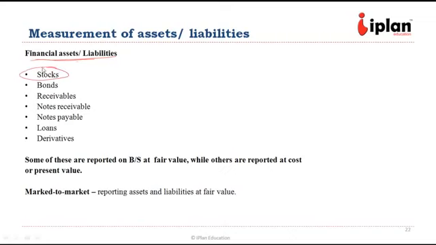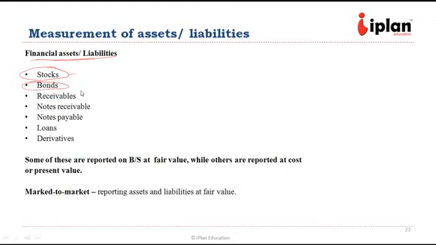Financial assets, liabilities. Stocks could be a financial asset or liability. If the company has issued stocks in the beginning to raise funds through equity, that will be a financial liability. If the company has made certain investments in some other company through buying equity of that firm, that could be a financial asset.